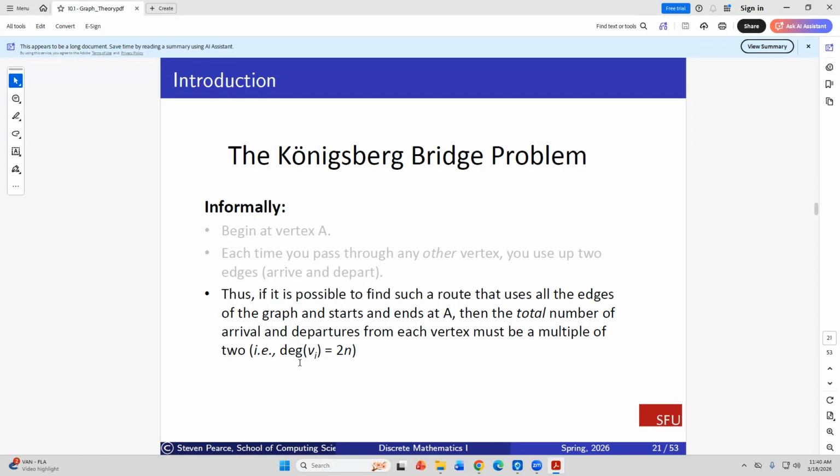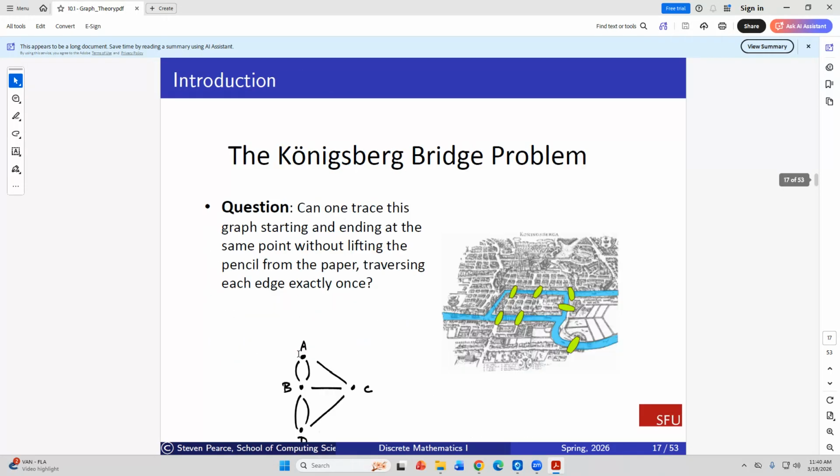So now we call a point where edges are coming in, if there are several edges coming from several nodes, v sub i, we call that the degree. So for example, the degree of this node here is 3. The degree of this is 2.